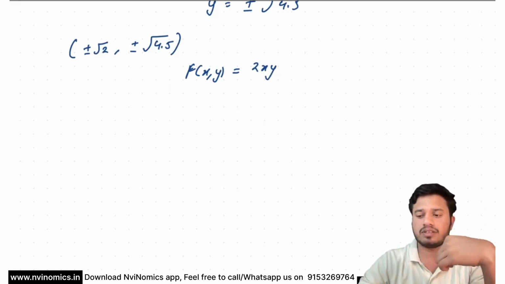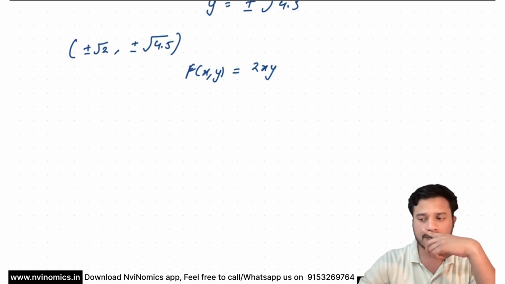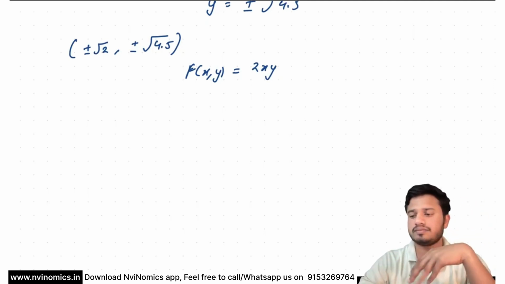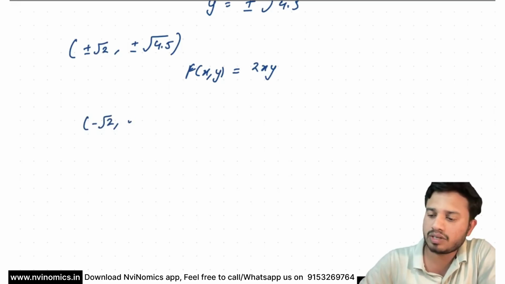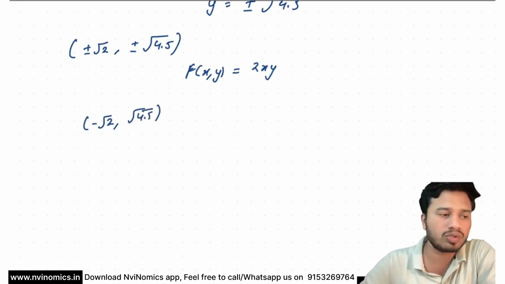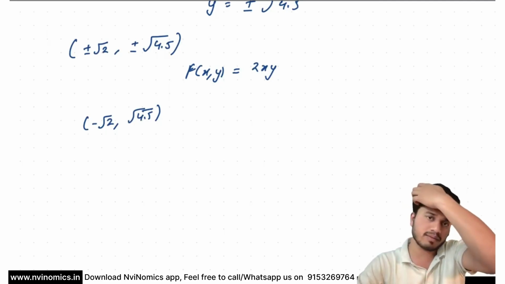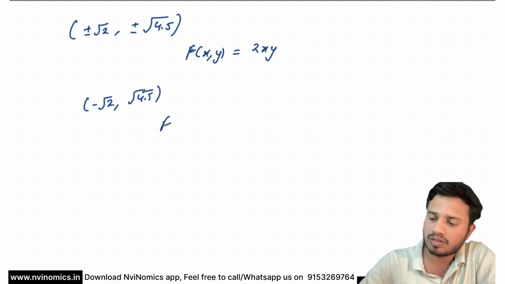But clearly we can find a negative value by taking opposite signs. Due to symmetry, we don't have to check all the cases. Just take this minus root 2 and this 4.5. You cannot take both positive and both negative. If you take both negative, it will again be a positive number. It will not give the minimum value.